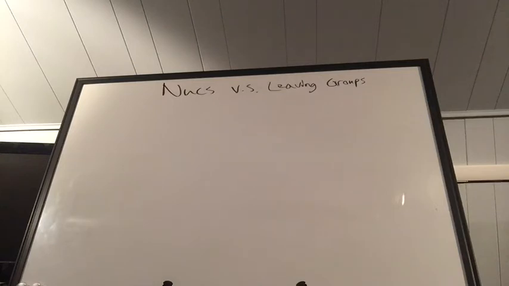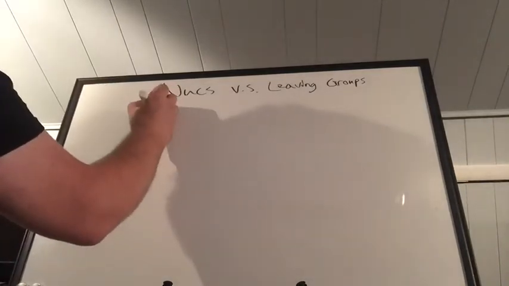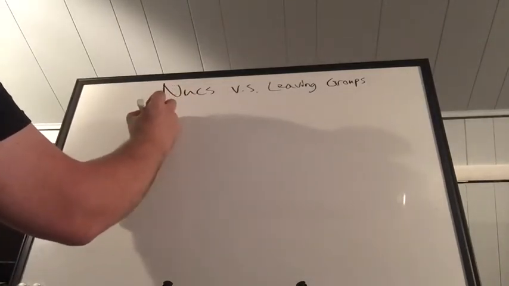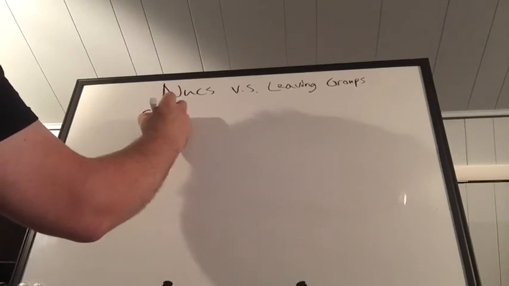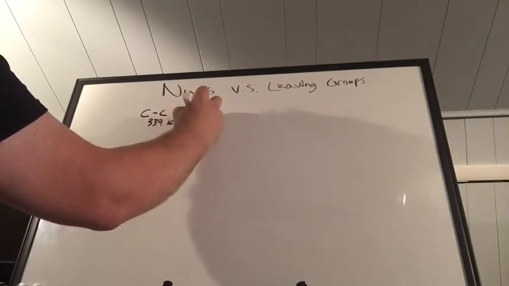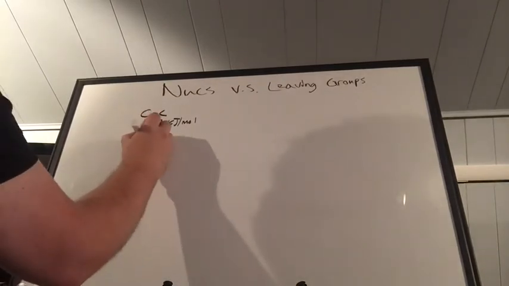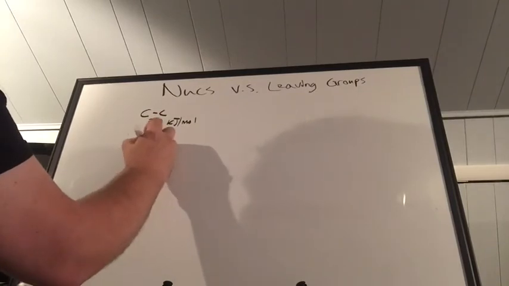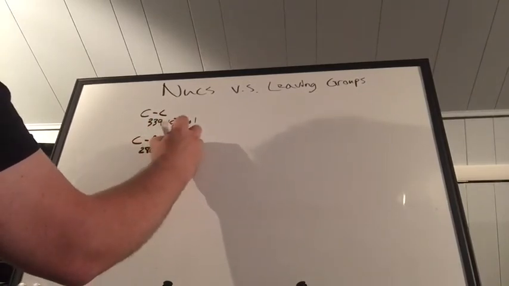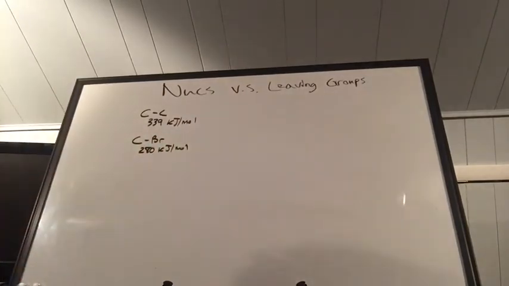Remember in chapter 1 I kind of emphasized looking at those carbon whatever bonds. Well, that's going to be particularly relevant here. Now, if we think of CC bonds, they are going to be right there at 339 kilojoules per mole. Okay. Then, say CBr is going to be 280 kilojoules per mole, so it's going to be demonstrably weaker.